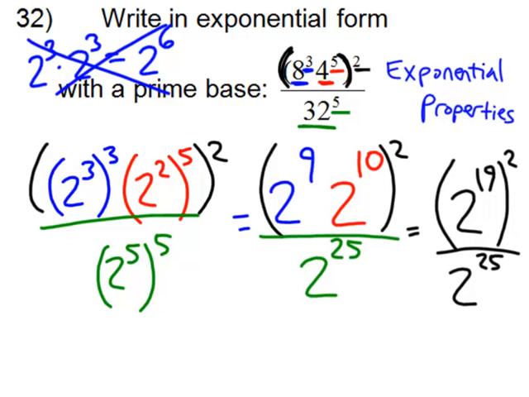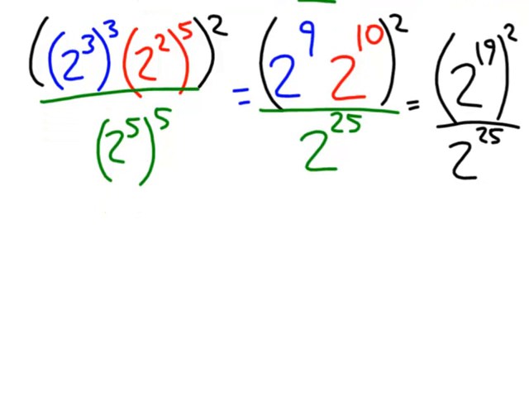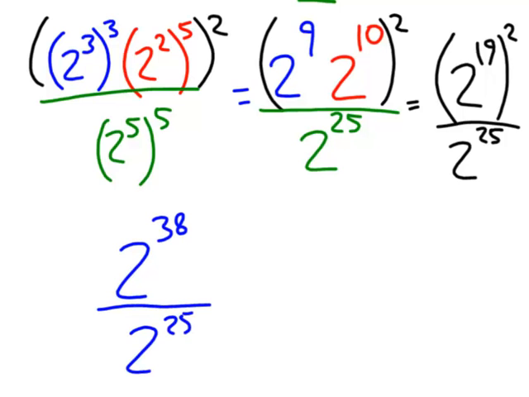All right. One more time. You take those two numbers and multiply them, that 19 and that 2, and that will give us 2 to the 38th power, all over 2 to the 25th power. And finally, there's a quotient property, an exponential property, that says that we now need to subtract these two exponents.